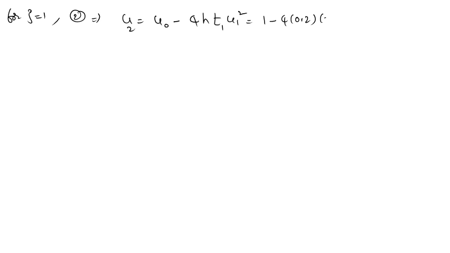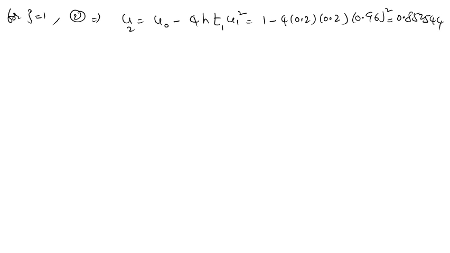For j equals to 1, equation 2 implies u2 equal to u0 minus 4h t1 u1 square. Now I know every value. This is 1 minus 4 into 0.2, t1 value 0.2, and u1 value 0.96 square.